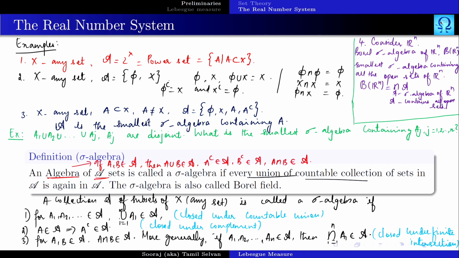So can you identify some non-open sets in R^n? Yes, of course, you will have to think of them as well. You will have to be very clear with what we mean by open sets and closed sets in R^n. Only then you can see what this is, right?